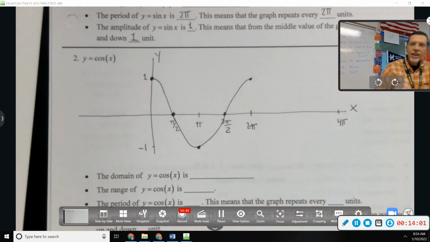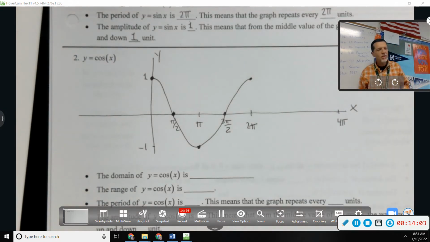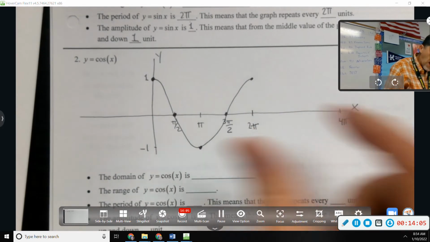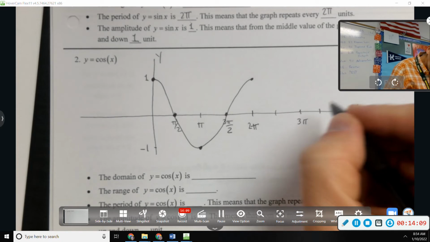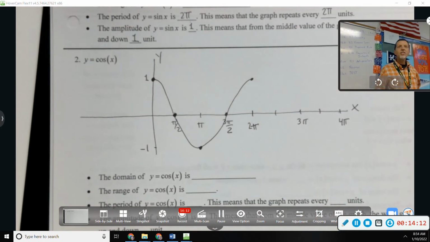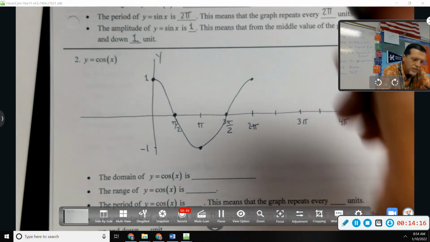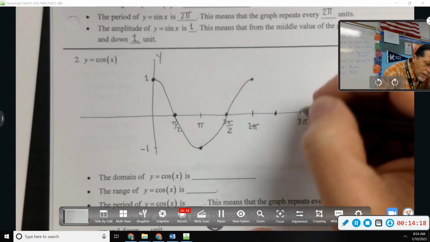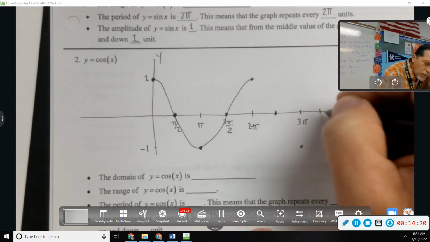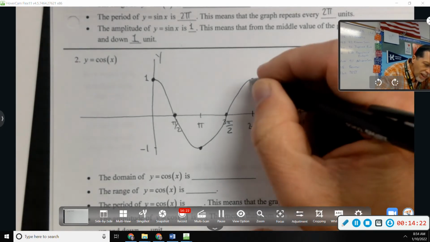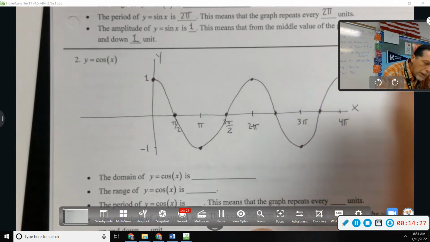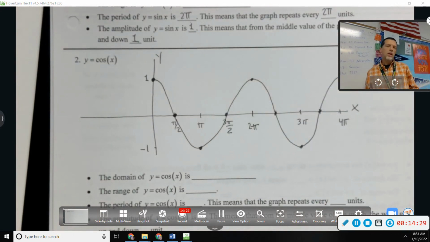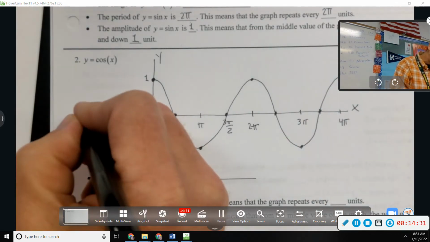Because after 2 pi, things repeat on the unit circle. So let's do the copy paste thing. Again, it's just patterning between -1, 0, 1, 0, and so on. Once you get the first one down, it's just the opposite, and again, I can extend it back 2 pi and do the same thing.